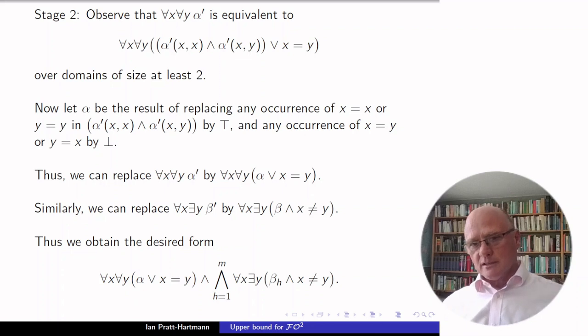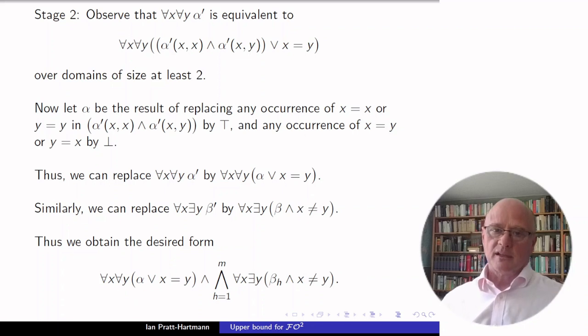So, in summary, given any formula of the two-variable fragment, with a little bit of rewriting, I can produce in polynomial time a formula in Scott normal form, in this form, which is satisfiable over the same domains of size at least 2 as the original formula. So if I want to test satisfiability, I can just assume without loss of generality that the formula is in this form.